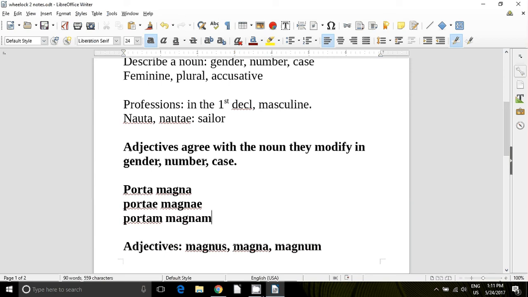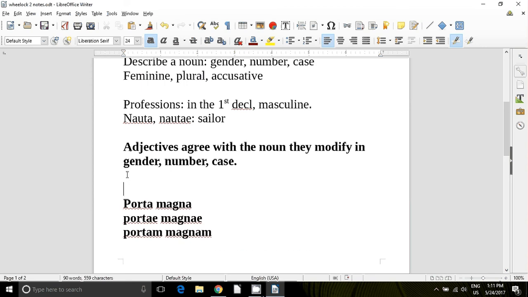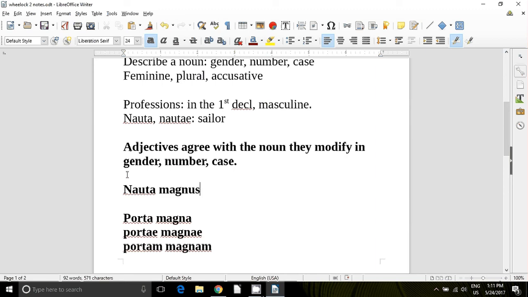Now, we're not learning this set of endings today, but trust me when I say that magnus is a masculine version of this adjective large. And so if I wanted to talk about a sailor, a big guy, a big sailor, I would say nauta magnus, because the adjective has to agree with the noun in gender, number, and case.